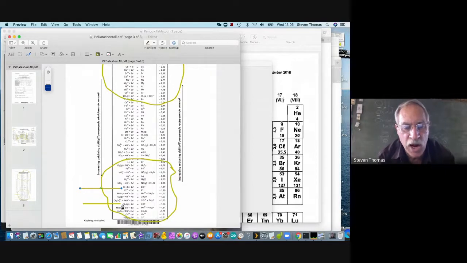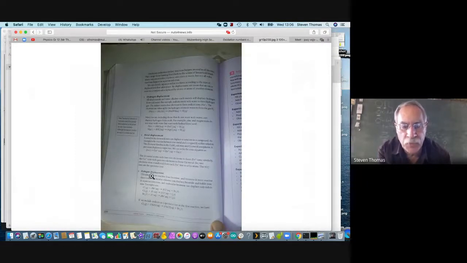So that is why this one can displace that one. Anything lower down will displace something higher up on the table. So going back to here, do you see why chlorine will react with a solution of bromine ions and it'll form chlorine ions, and bromine will be single again?